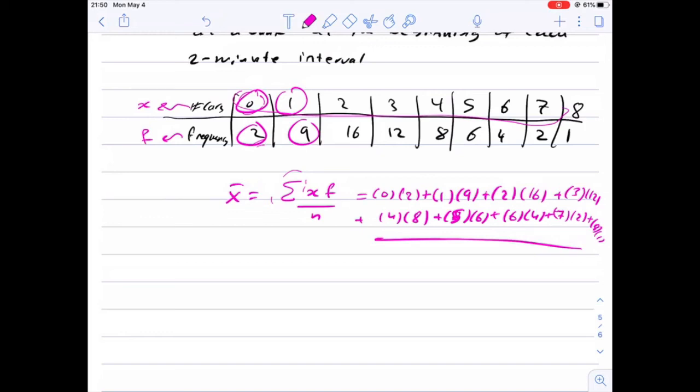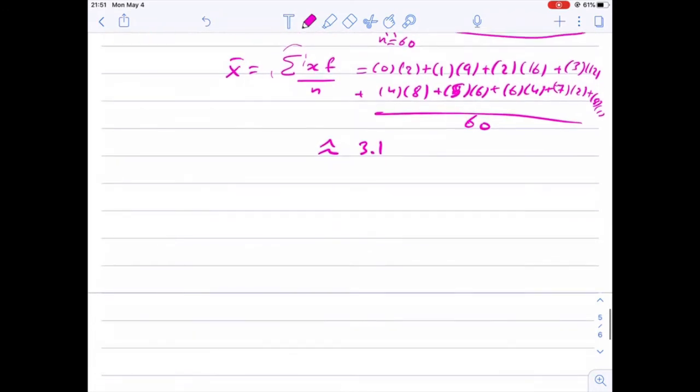All this divided by how many values there are, or the sum of the frequencies. What is the sum of the frequencies? N is equal to 60. So we divide by 60. We get, using a calculator, a number that can be approximated by 3.1. This is the average. Now what is the expected value?